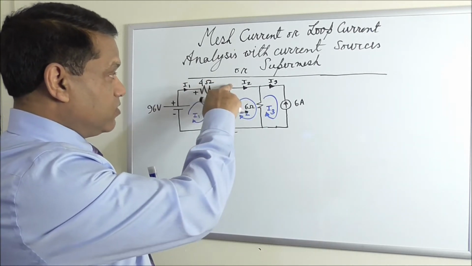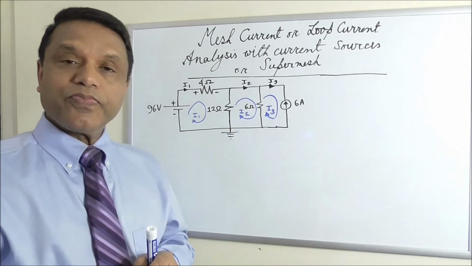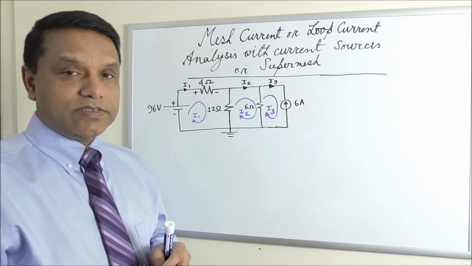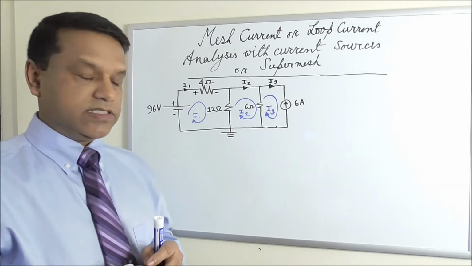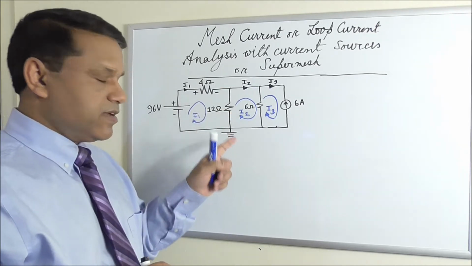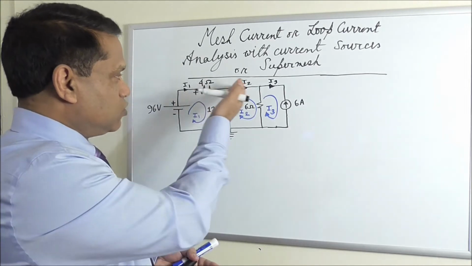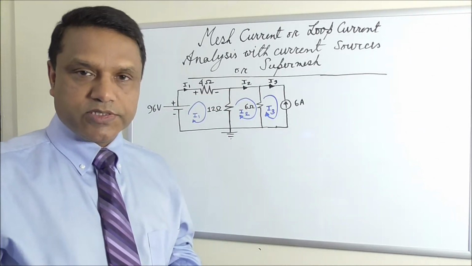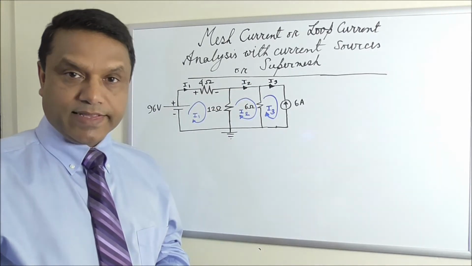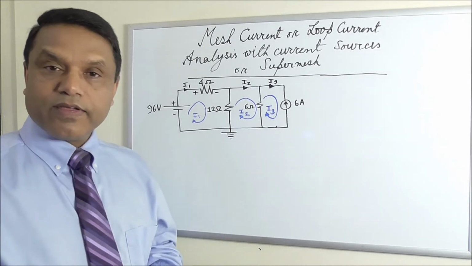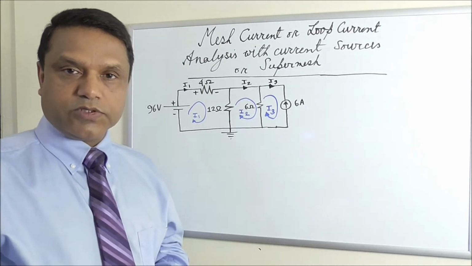I1 is flowing in here, I2 is flowing out. So this current will be I1 minus I2. So that's the beauty of mesh current analysis. You are assuming this current I1 minus I2, which is found as a combination of these two unknowns. So you are not introducing a new unknown like I3 or I4. So you have fewer variables to solve for.